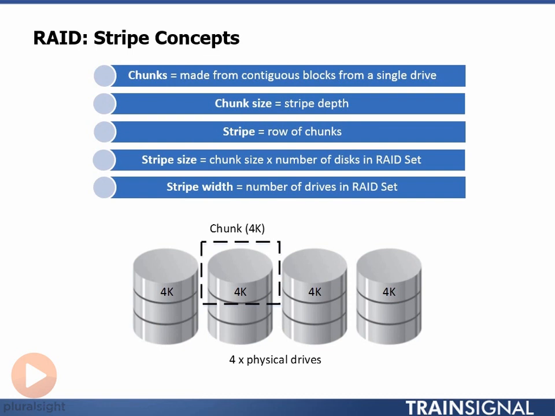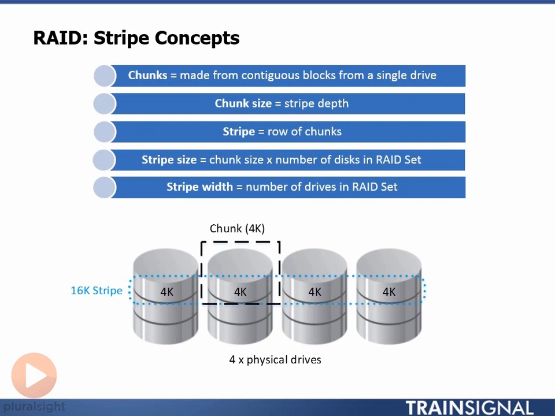The chunk is the fundamental unit in striping, and they can be larger or smaller than 4K, but 4K is quite common. Chunks are then combined into stripes. As we can see in our diagram, stripes are made up of adjacent chunks in a row. Our first stripe is highlighted and it comprises 4 4K chunks. This makes our stripe size in this RAID group 16K. 4 times 4K equals 16K.